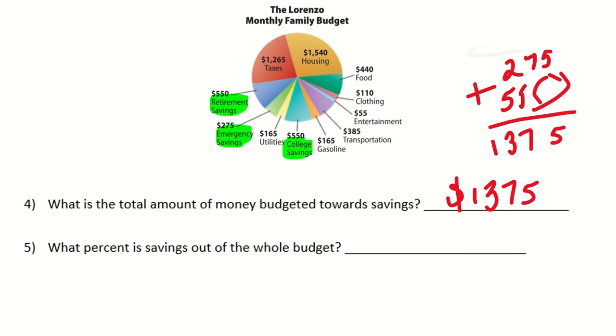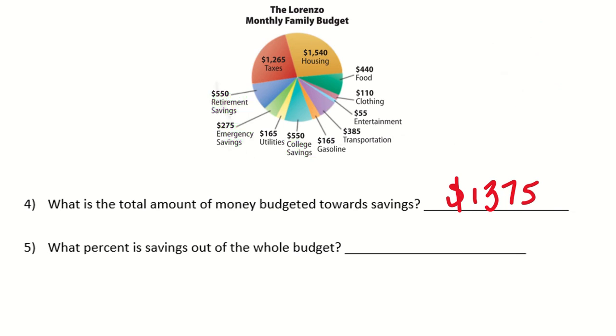And then the follow-up question, number 5, is what percent is savings out of the whole budget? Savings we just got is 1375, but what is that as a percent of the whole budget? The whole budget again was 5,500.